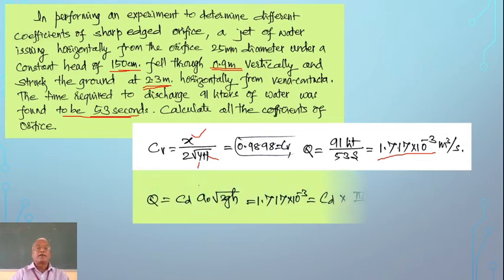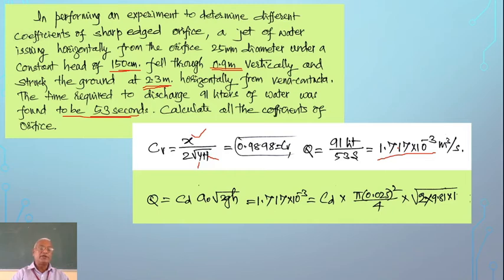Okay. Now Q is given by CD A root 2 GH. Actual cross-sectional area A is pi d squared by 4. Root 2 GH is theoretical velocity.